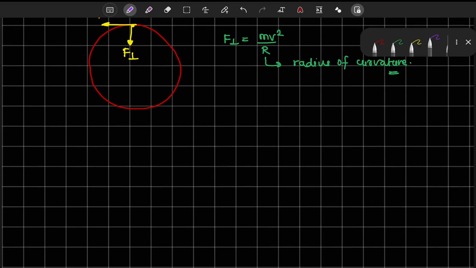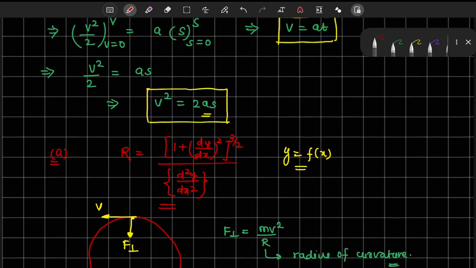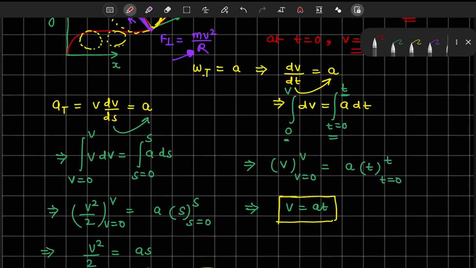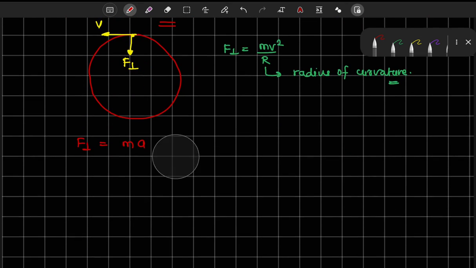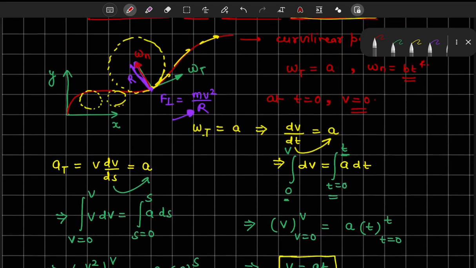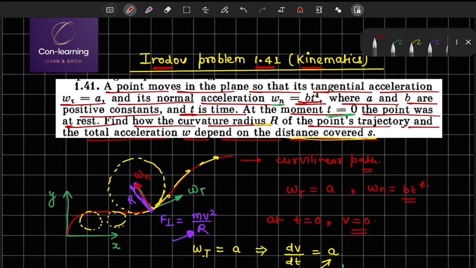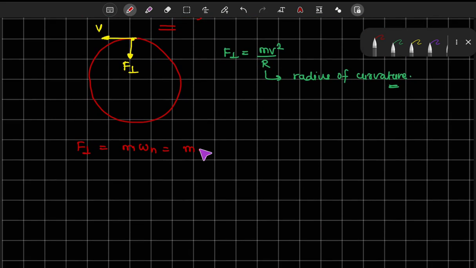Okay, so let us first write F perpendicular. F perpendicular is equal to m times the centripetal acceleration, or the normal acceleration, which is represented by wn. So m times wn, and wn is given as bt to the power 4. So we can write here m times bt to the power 4, and that we will equate to mv square by r.